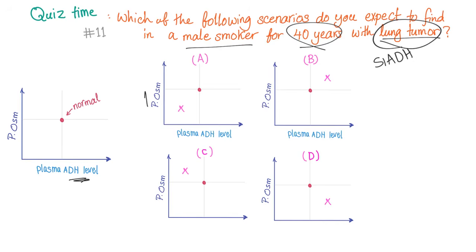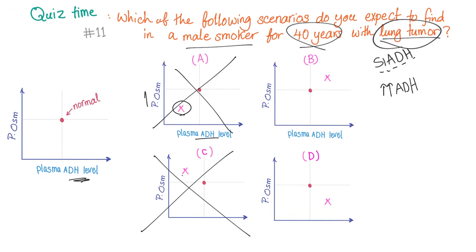So, in SIADH, what's going to happen to the plasma ADH level? It's called the syndrome of inappropriate ADH. There is lots of ADH in the plasma, which makes A incorrect because A is low level of plasma ADH, and C is incorrect because again there is low level of plasma ADH. Use the x-axis. So it has to be either B or D. Brilliant. When ADH increases, it's going to increase pure water reabsorption.